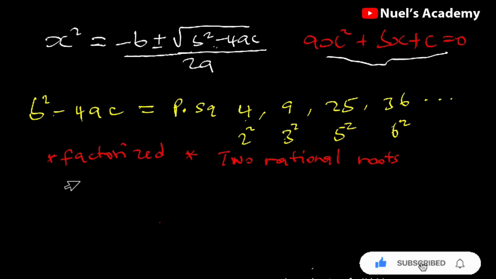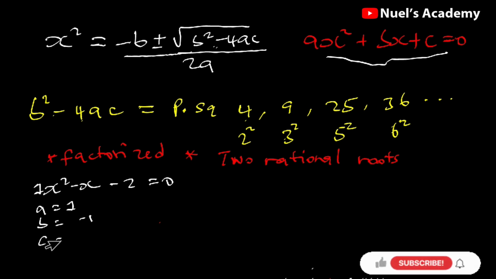For example, when you have x squared minus x minus 2 is equal to 0. Let's find the discriminant of this equation and know whether it is equal to a perfect square. Now, a is always the coefficient of x squared, which is 1 in this case. b is equal to -1, which is the coefficient of x, and then c is equal to the constant, which is -2.